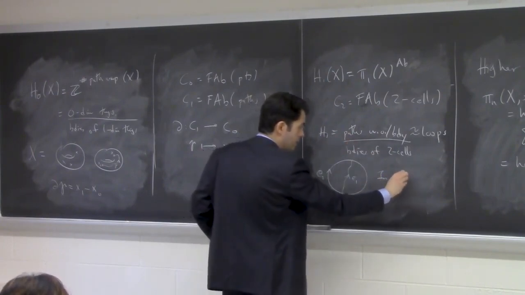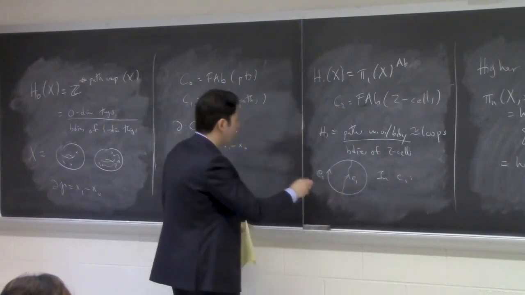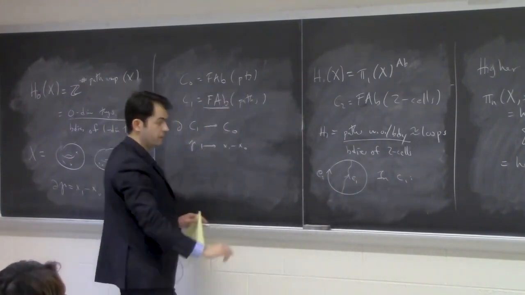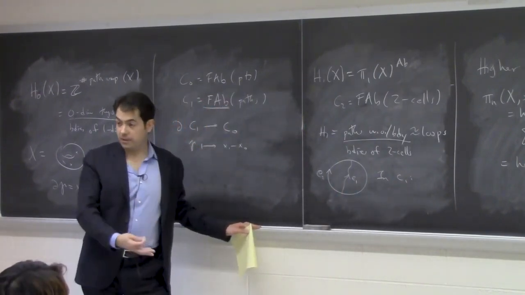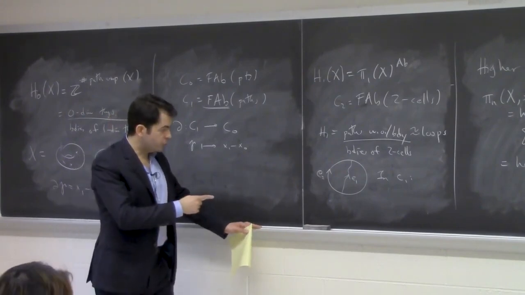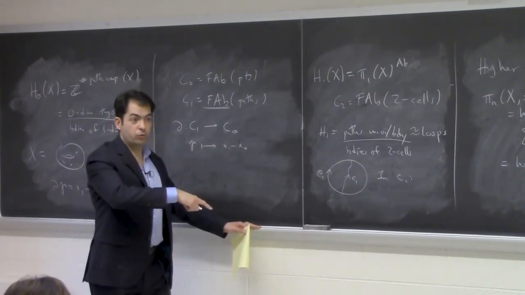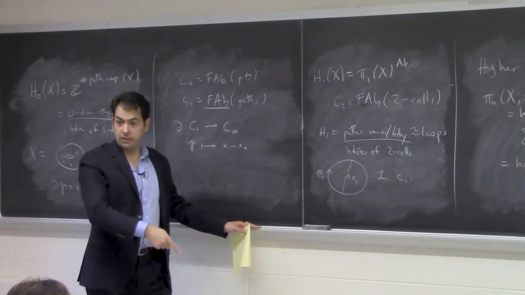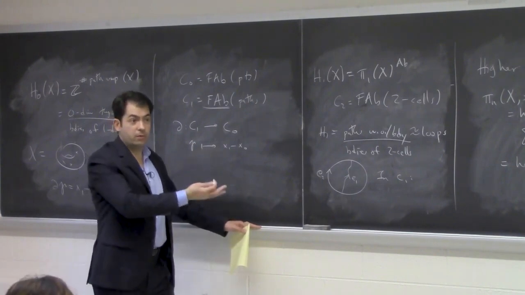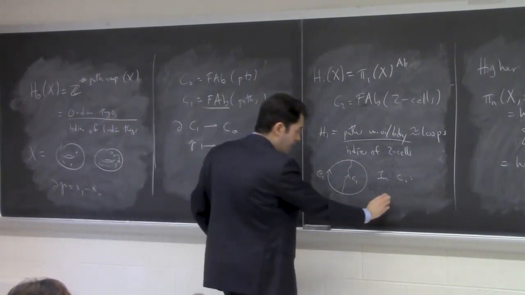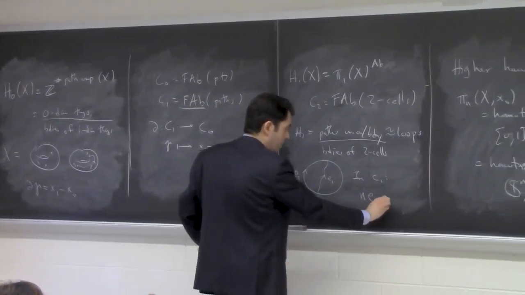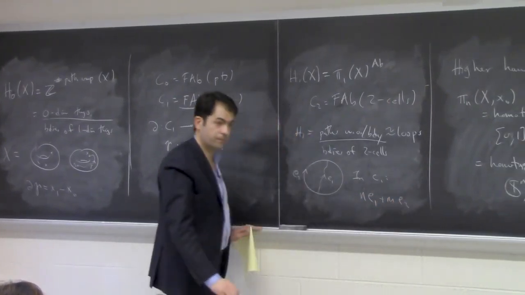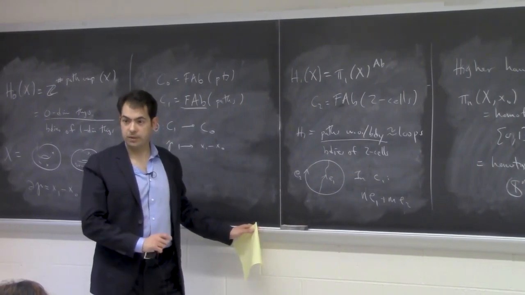So in C1, because I'm taking the free abelian group, it's abelian. So I don't care if you do E1 and then go back on E2 or go back on E2 and then E1 or whatever. It's abelian. So I would just take some multiple of E1 plus some multiple of E2. Right?